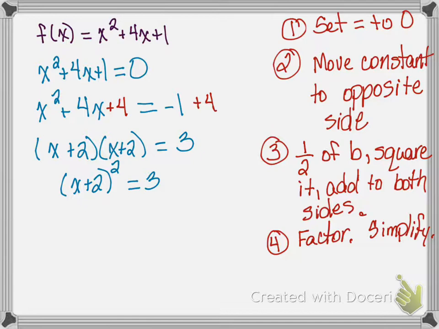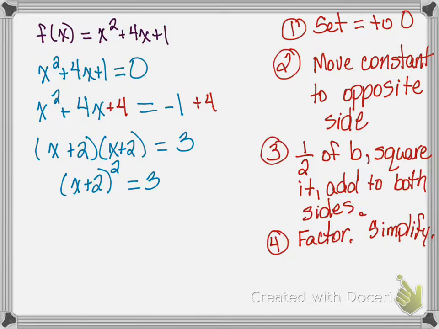I'm completing the square. What's my next step in completing the square? What do I have to do? Say that again. Okay, I do, and in order to do that, what do I have to do to both sides? I've got to take the square root of both sides, and we are going to take the square root of both sides. Before we do that, on your paper, I want you to subtract 3 and move that 3 back over, and look at what you've done.